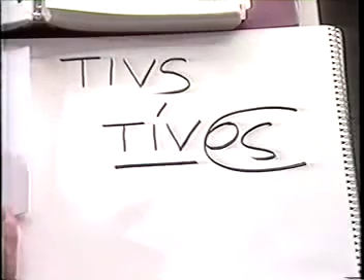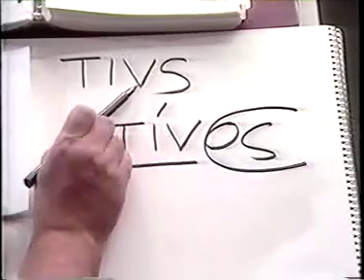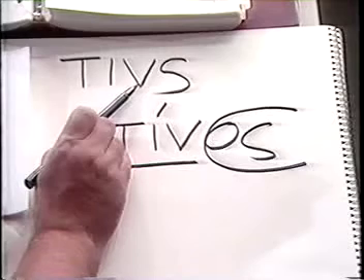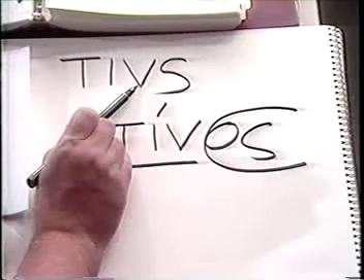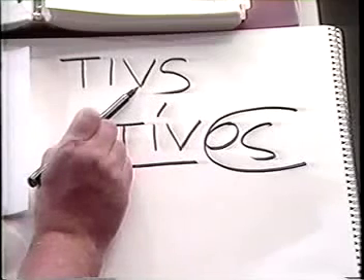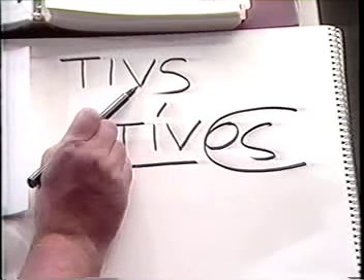All right, now something is going to happen here. This nu is called a dental consonant. And dental consonants, when they are followed by sigma, elide. They fall away.